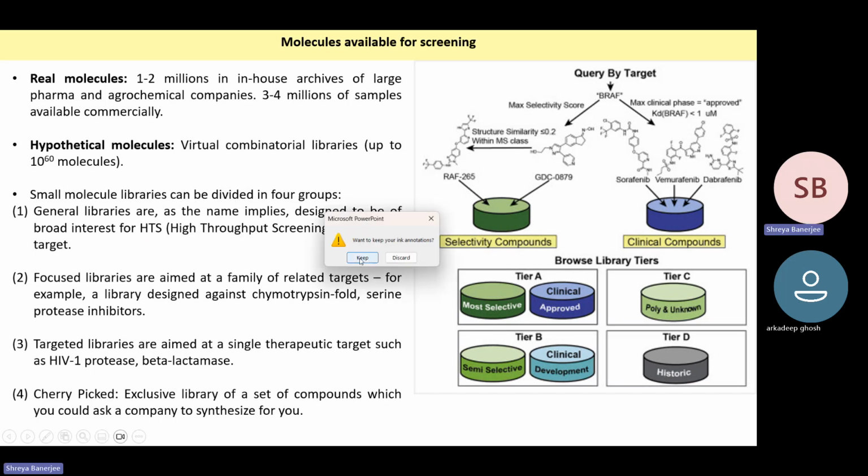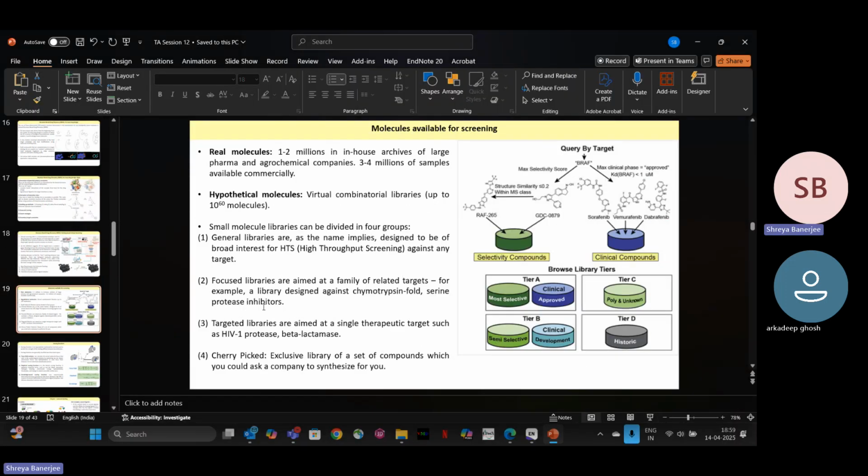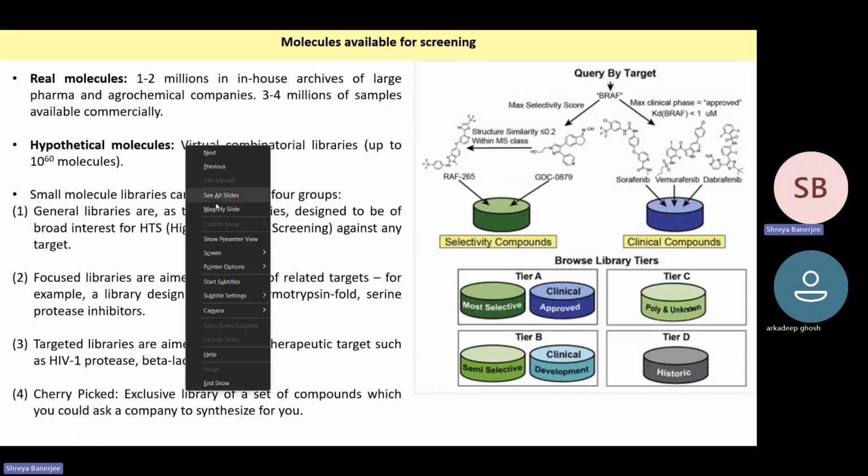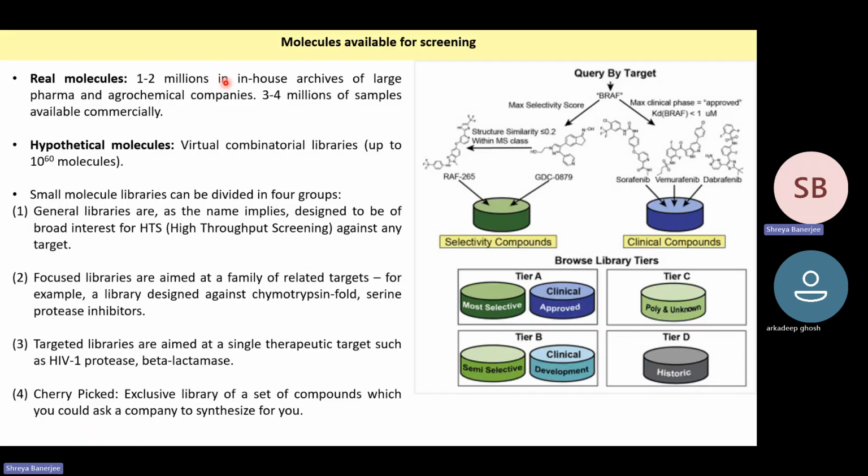Now we'll talk about the molecules available for screening. There can be 1 to 2 million real molecules, and these are basically kept in in-house archives of large pharmaceutical and agrochemical companies.